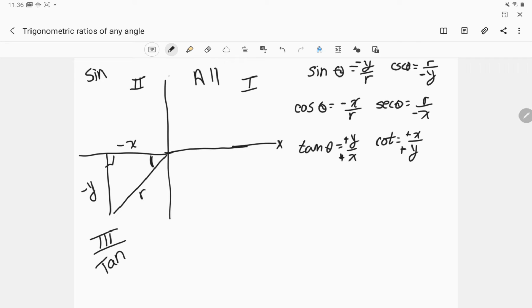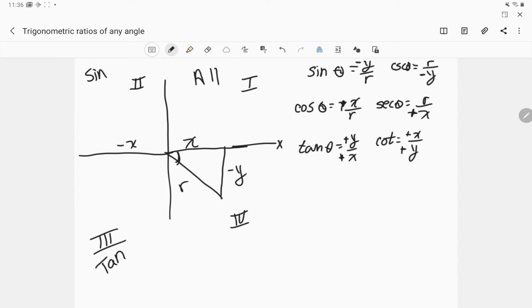So by process of elimination, if I then do the last quadrant, which is quadrant 4, if I put a triangle in here, again, my reference angle would be here, but I'm going forward x, but I'm going down y, and my resultant is here. So sine is opposite over hypotenuse, so it's negative y over r, which we have. So the cosecant is r over negative y. Cos, though, is positive x over r, so it's positive, which means secant is r over positive x, so it's positive.